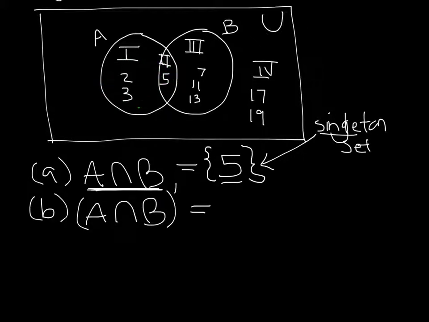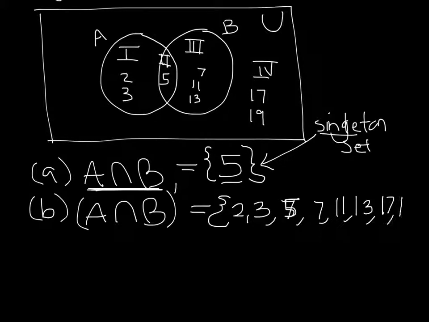We're going to write the rest of the values, in order: 2, 3, 7, 11, 13, 17, and 19. Everything in the set except 5.